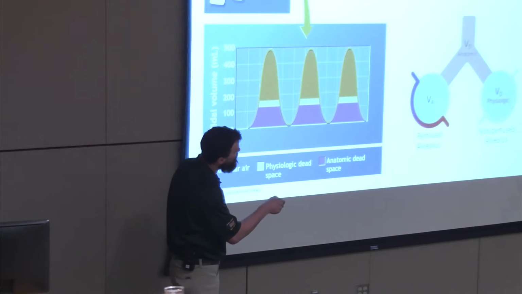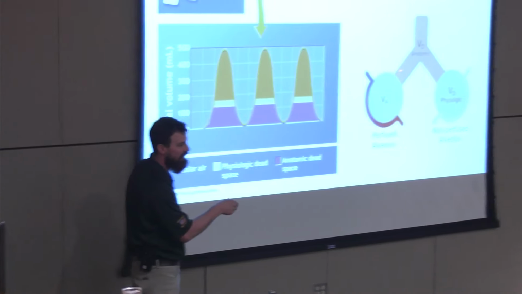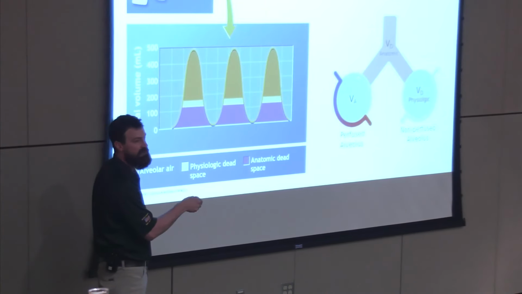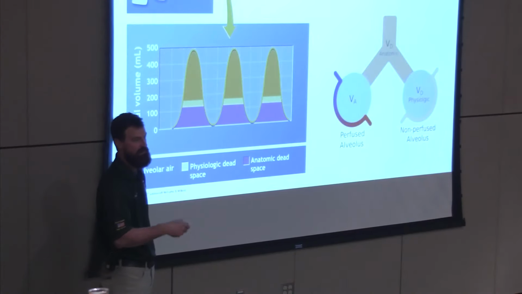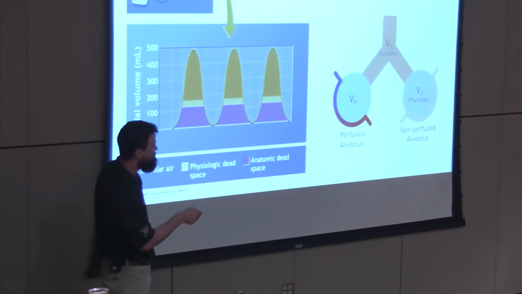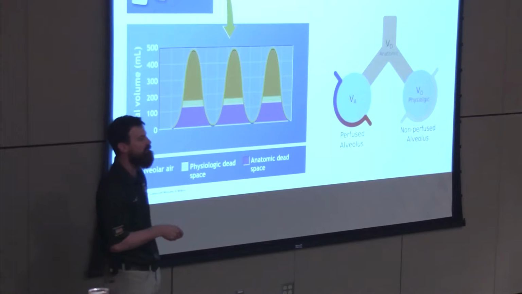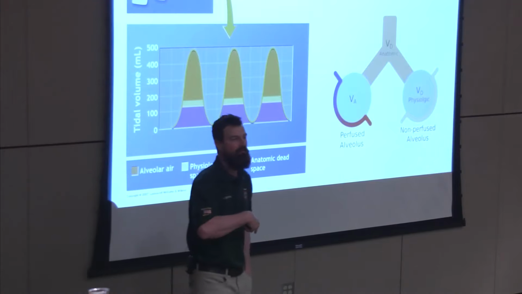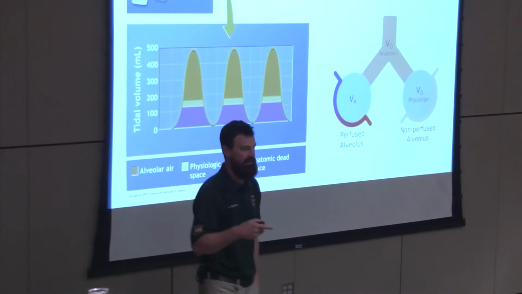So if I look at air within the trachea and the bronchioles and the bronchi, well, that's air in that space that's not participating in gas exchange. That is anatomic dead space, okay? Physiologic dead space would be any area where I have air in the alveoli, but it's just not participating in gas exchange.